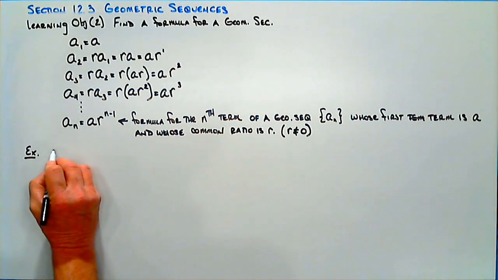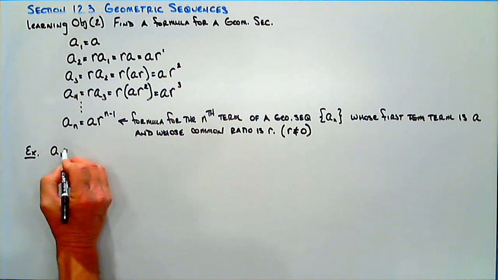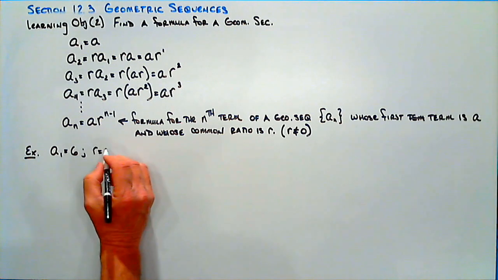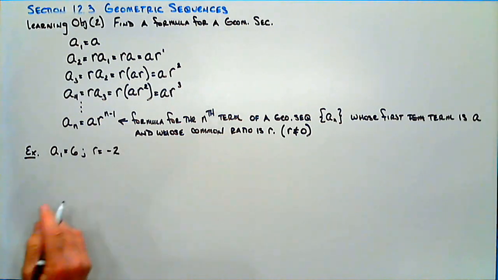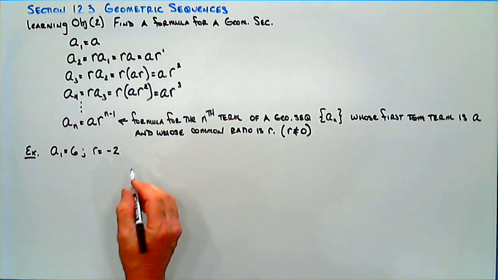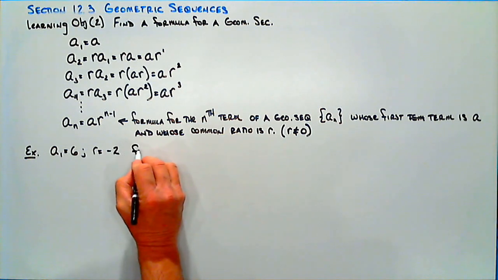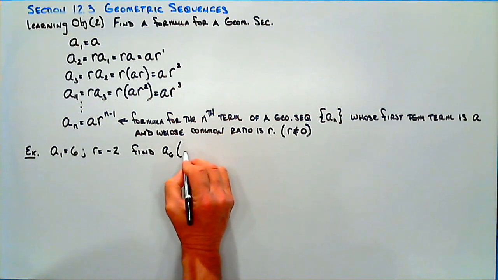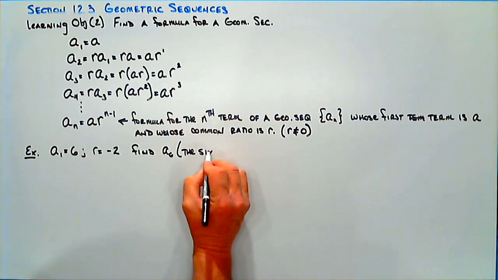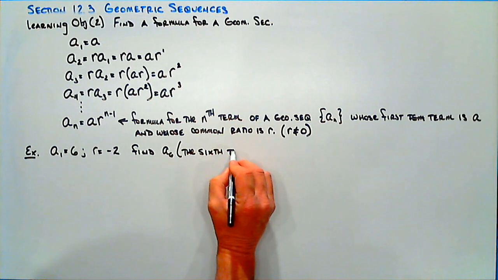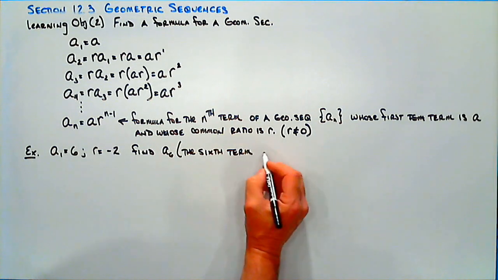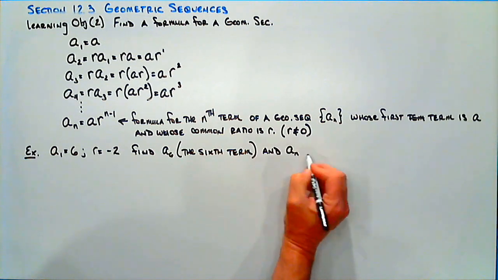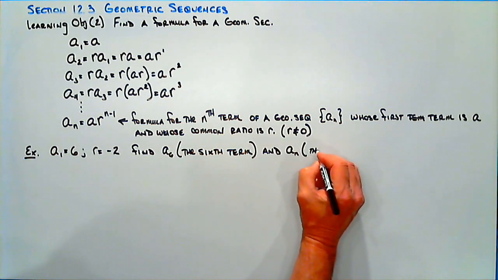They could say, well, A1 is 6, and R is -2, right? And it could say from there, find A sub 6, the 6th term, and A sub n, the general term.